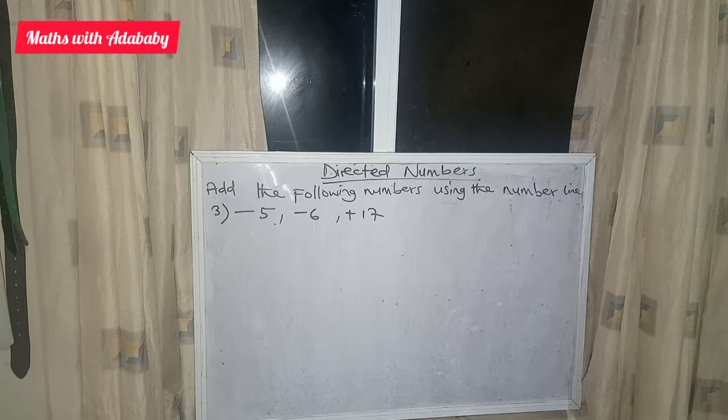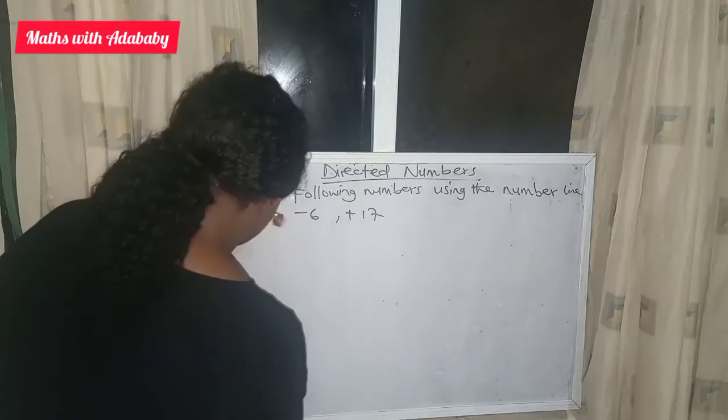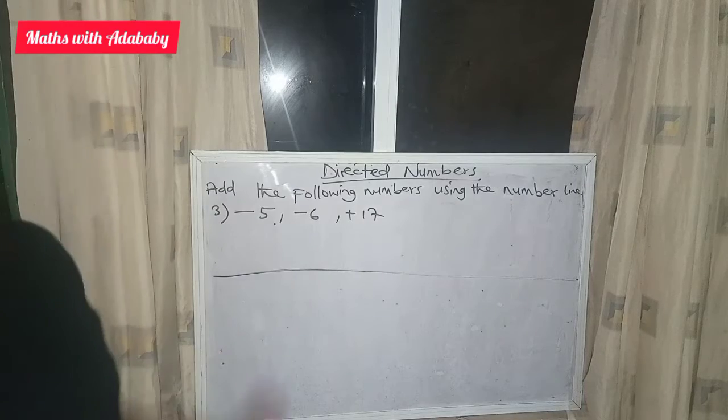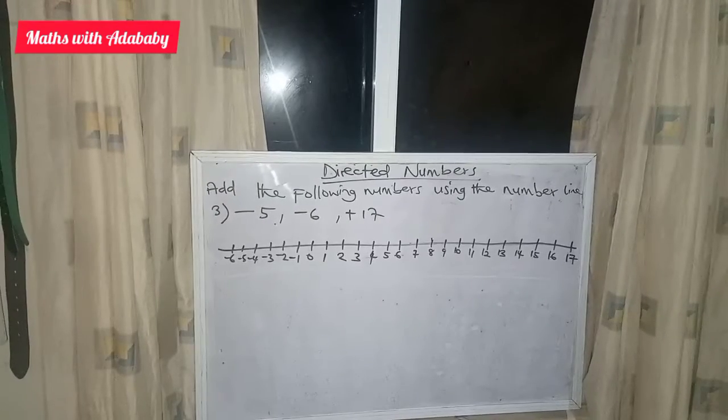Now, going back to the question, we are going to be representing 17 on our number line. Now, look at what we have on the chart. We have minus 6 represented, and we have plus 17 represented on the number line.